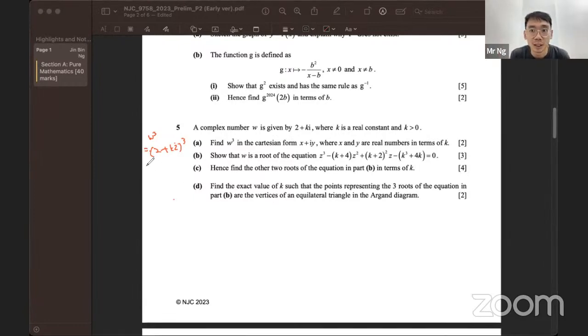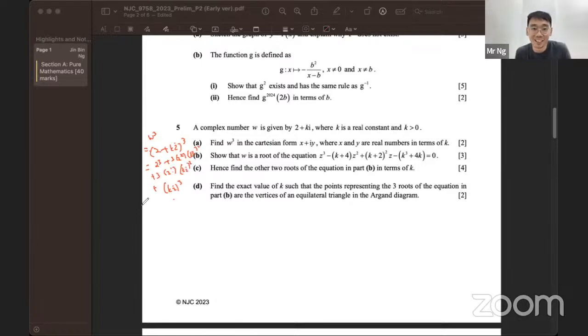Okay. So this one I'm gonna use the binomial expansion. So 2 to the power 3. After that plus 1, 3, 3, 1, Pascal triangle. Okay, plus 3, then plus 3, and then plus bracket Ki to the power 3. Okay, so this one will be 2 square. After that, Ki. Then after that, 2 to the power 1, then Ki squared.